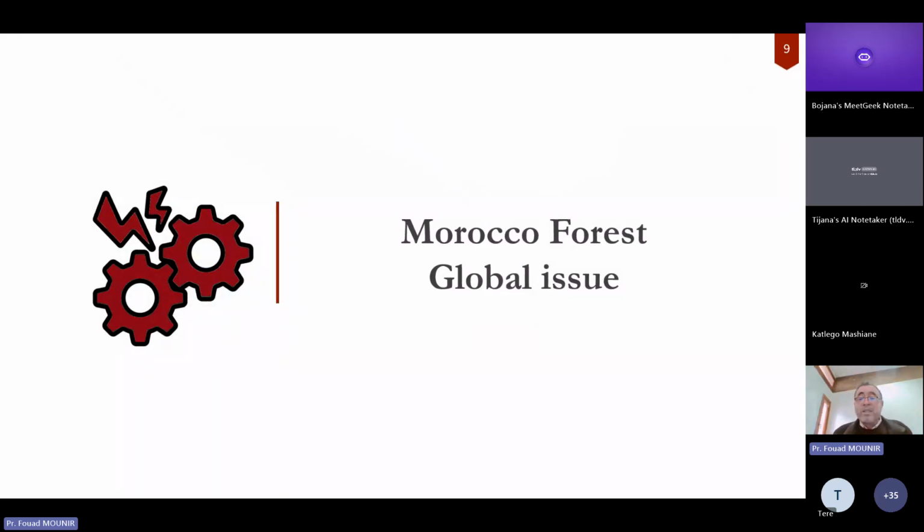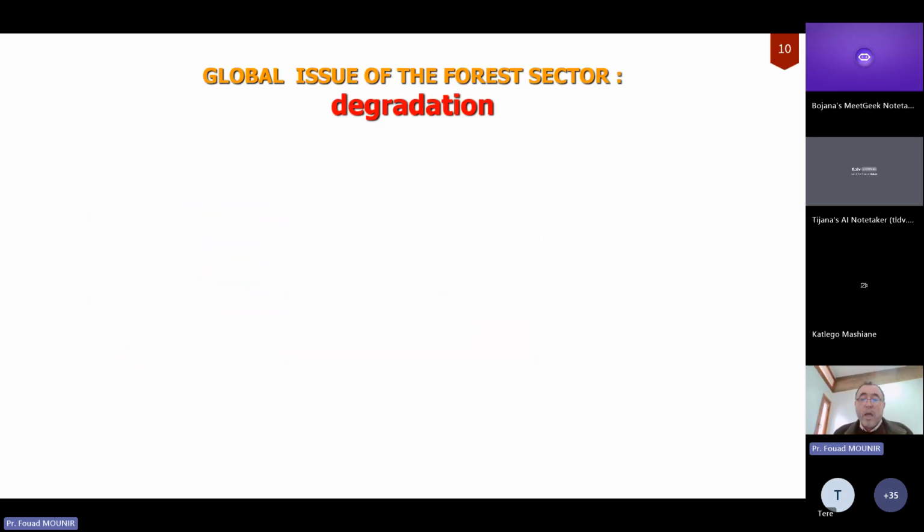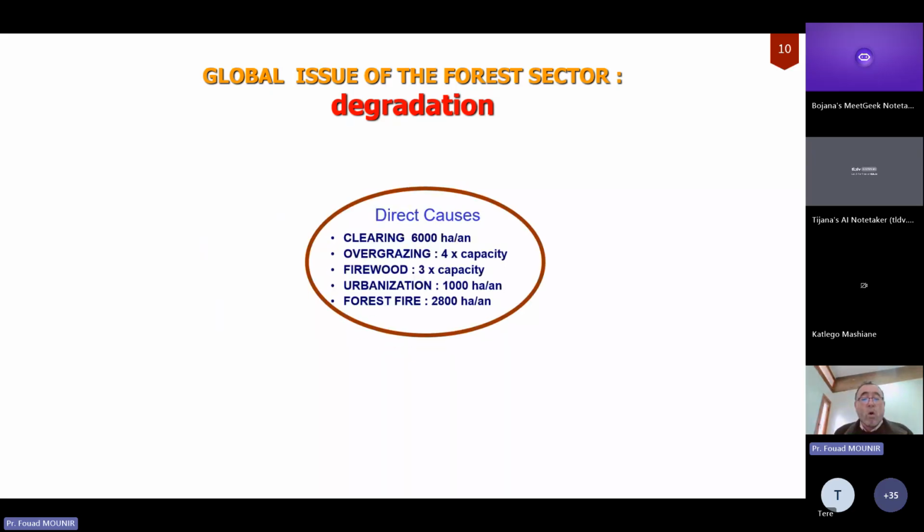In Morocco, this forest area is suffering from one of the global issues, which is degradation. For this degradation, there are some direct causes. Mainly, clearing, which takes from our forest lands more than 6,000 hectares per year.